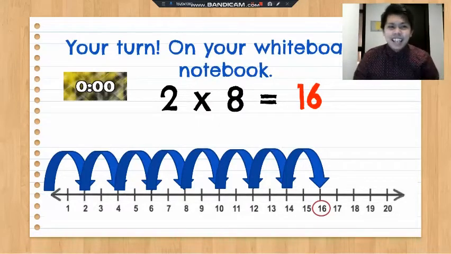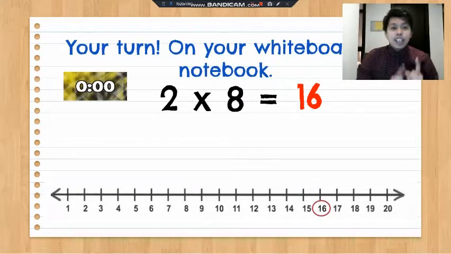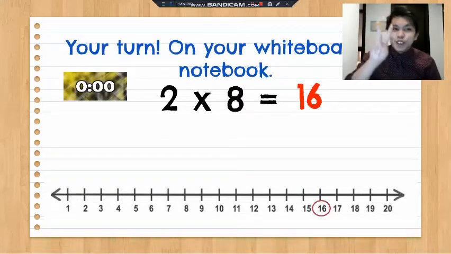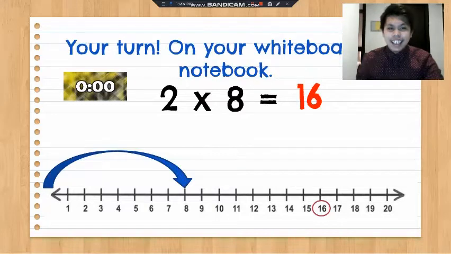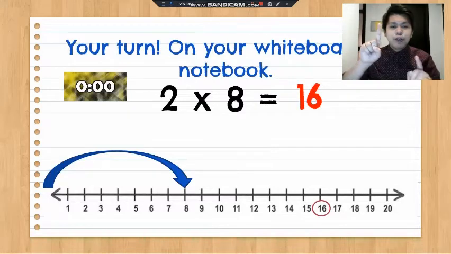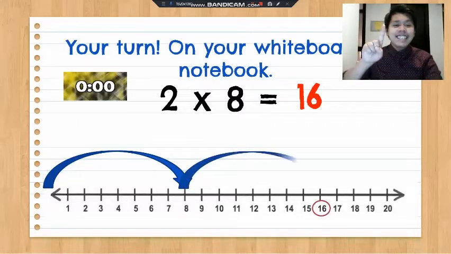But wait, there's another way for you to do this. You can count 8 two times, just like this. 1, 2, 3, 4, 5, 6, 7, 8. That's the first one. Then 9, 10, 11, 12, 13, 14, 15, 16.